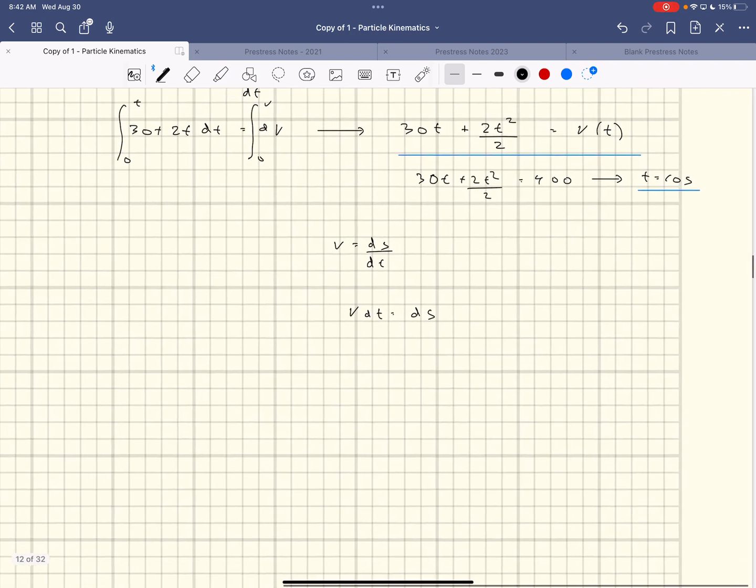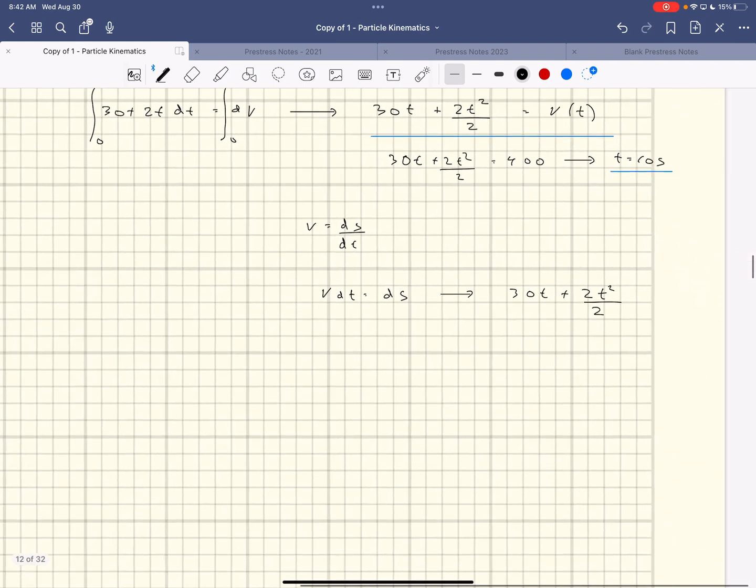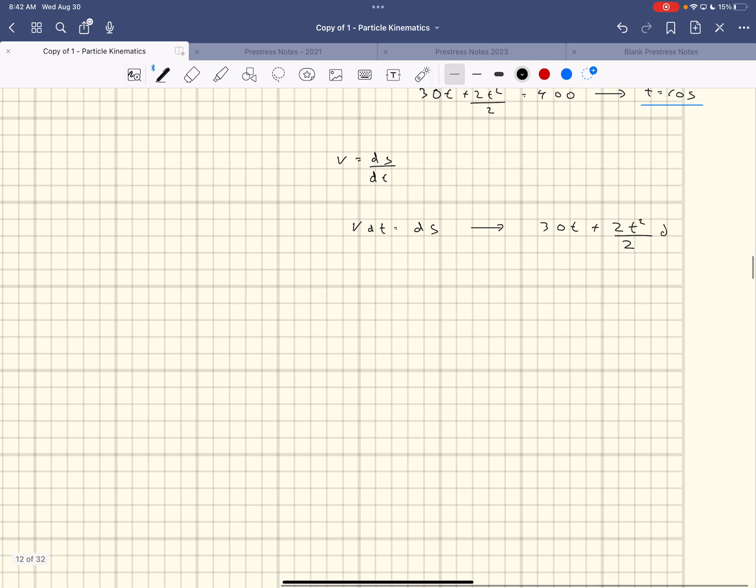My v, I just got that equation, and that is 30t plus 2t squared over 2. I'll stick with it, just because who wants to simplify? Not this guy. We're going to keep it as complicated as possible. dt is equal to ds.